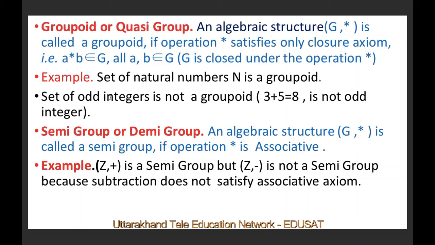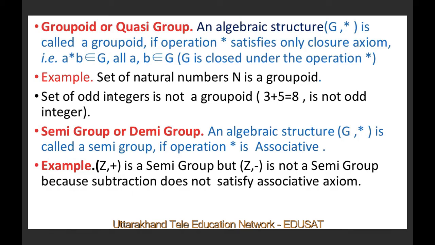Now semigroup, or demigroup. An algebraic structure (G, star) is called a semigroup if the operation star is associative. For example, the set of integers equipped with addition is a semigroup, but the set of integers equipped with subtraction is not a semigroup, because subtraction does not satisfy the associative axiom.